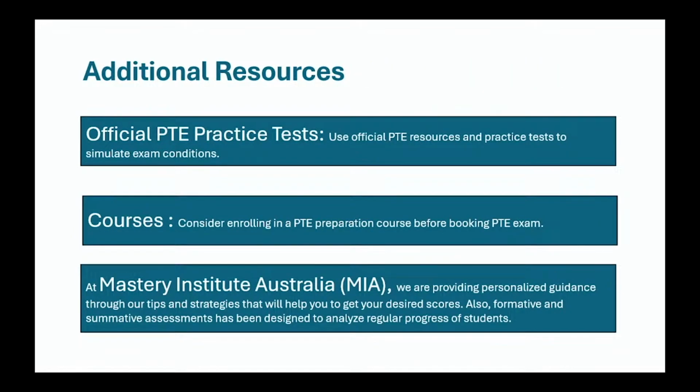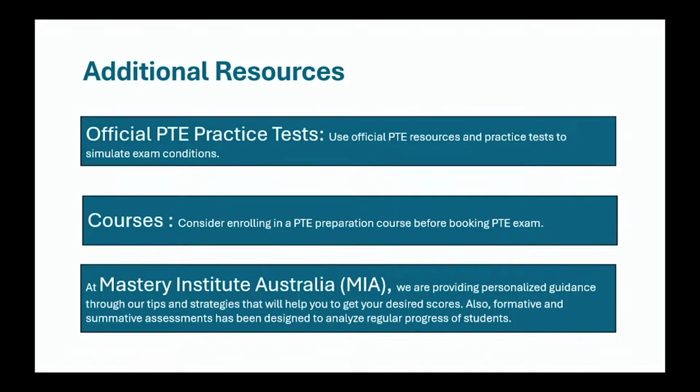Further to that, which other resources can you use if you want to improve your score? The official PTE practice test. Use official PTE practice resources, which simulate exam conditions. If you search online for PTE score practice test, you can find 5 different tests available. You can purchase them online for around $36 US.